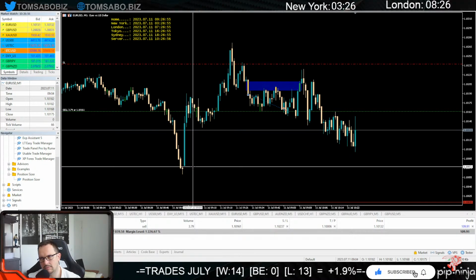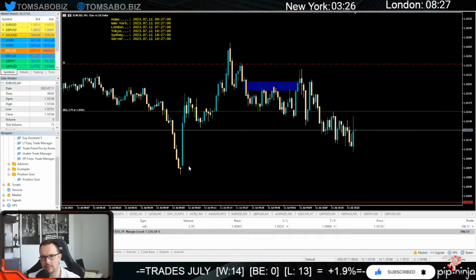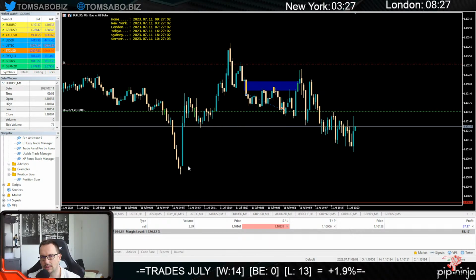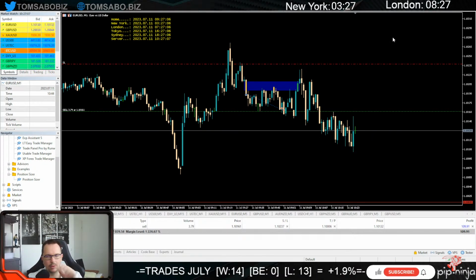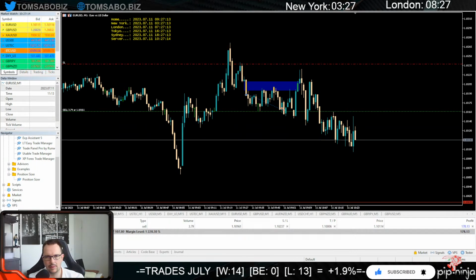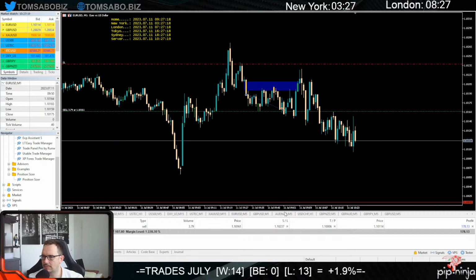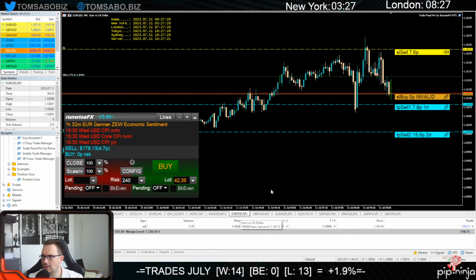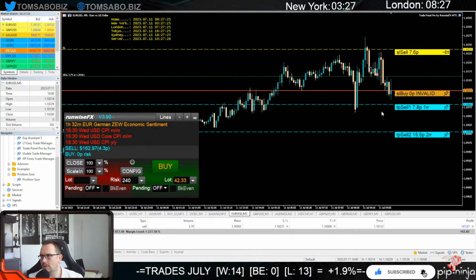But anyway, and it's a good swing low as well, possible swing low. So we'll see. We'll see, I guess. TP1 was almost reached. 083.